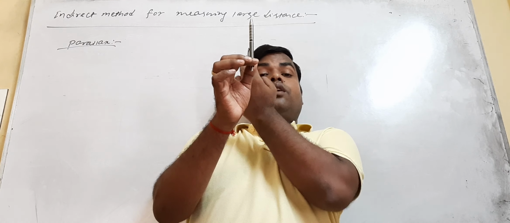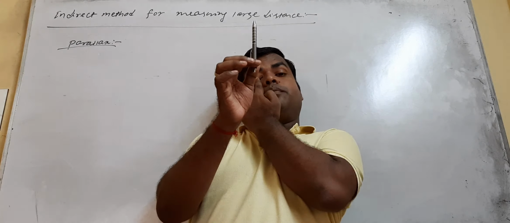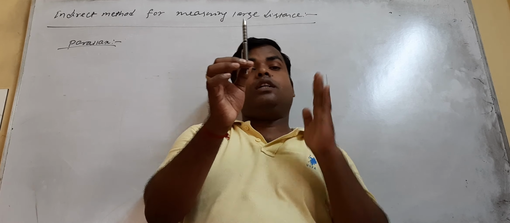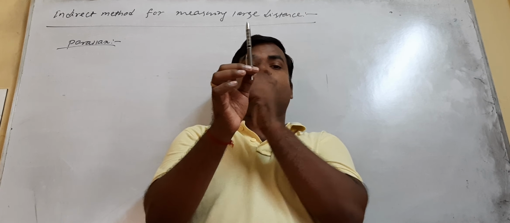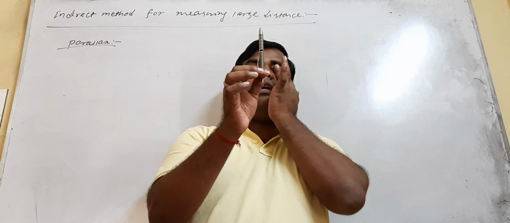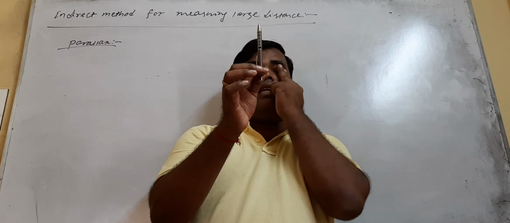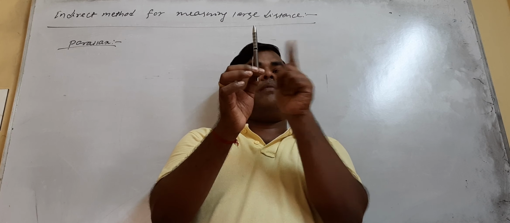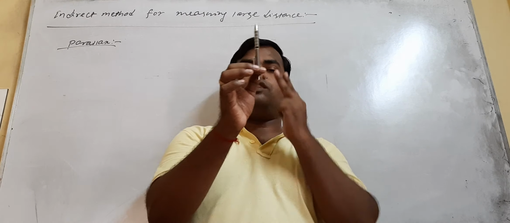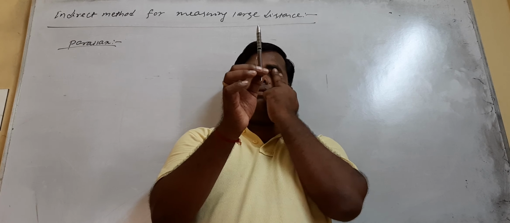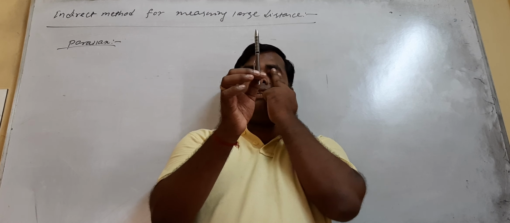When you close the right eye, the point of observation is your left eye. Alternatively, you close one eye and you see from the other eye. Then what you are observing? You see the line of sight or the position of the pen changes.